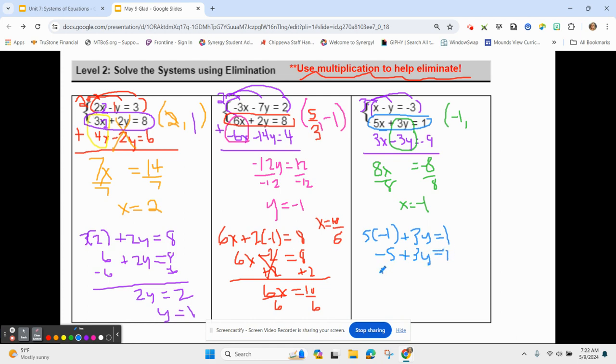So I need to add 5 on the left, I need to add 5 on the right. My 5's cancel, and we get 3y equals 6. Oh, good. Divide by 3, divide by 3. Y equals 2. There is my solution for that last one.